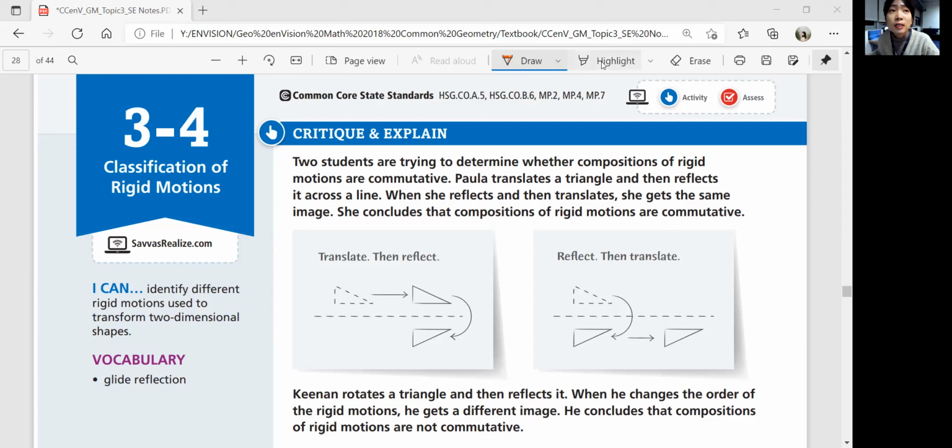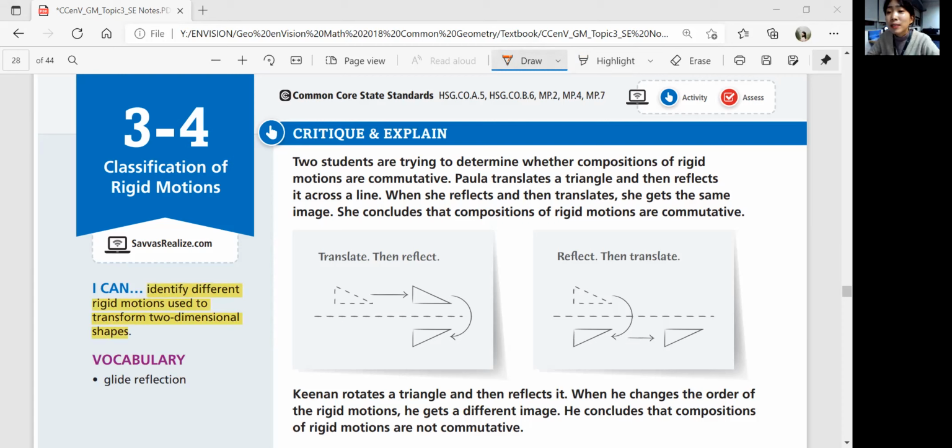Let's look at critique and explain. I'm just going to highlight that. Two students are trying to determine whether compositions of rigid motions are commutative. Do you remember what commutative property is from Algebra 1?